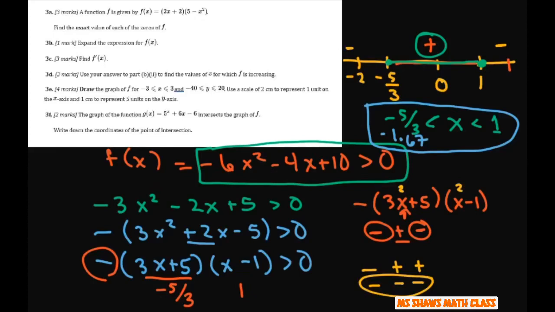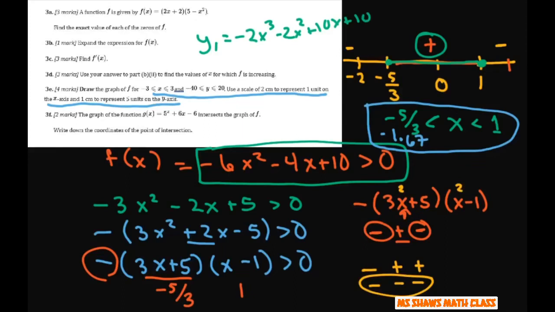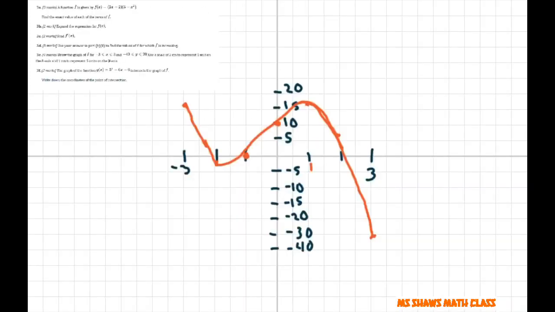Now the last part, we have to graph this, and you're supposed to use centimeter paper, which I don't have. So I just did a sketch of the graph. I put this equation in the calculator, y1 equals negative 2x cubed minus 2x squared plus 10x plus 10, and I graphed it as such.